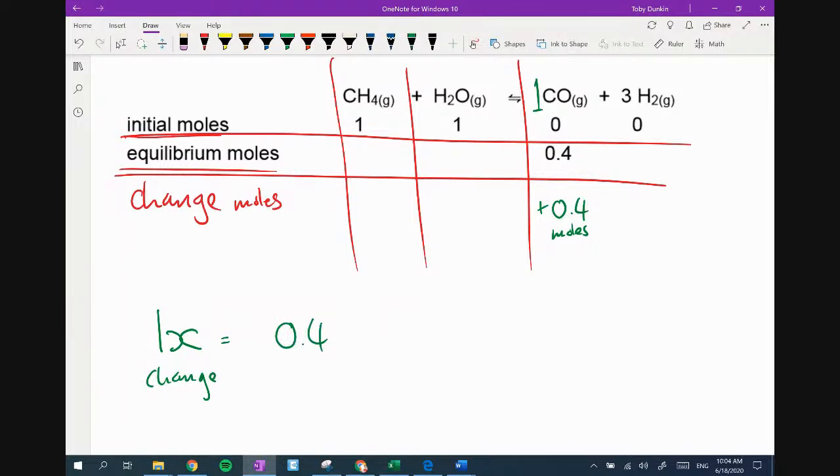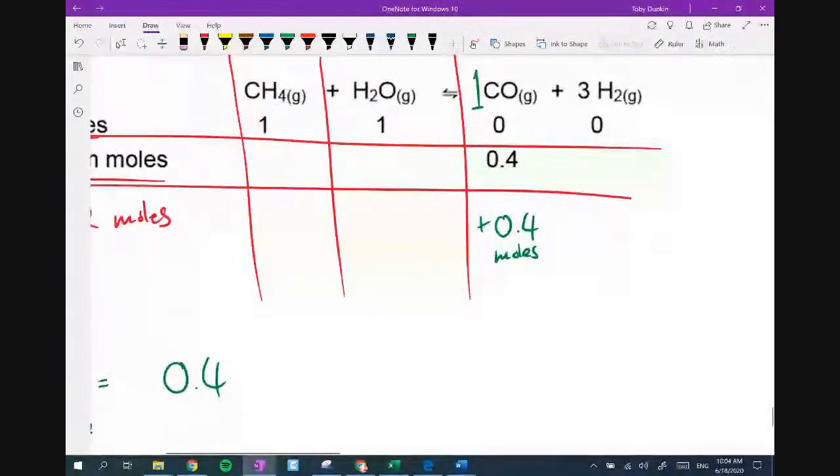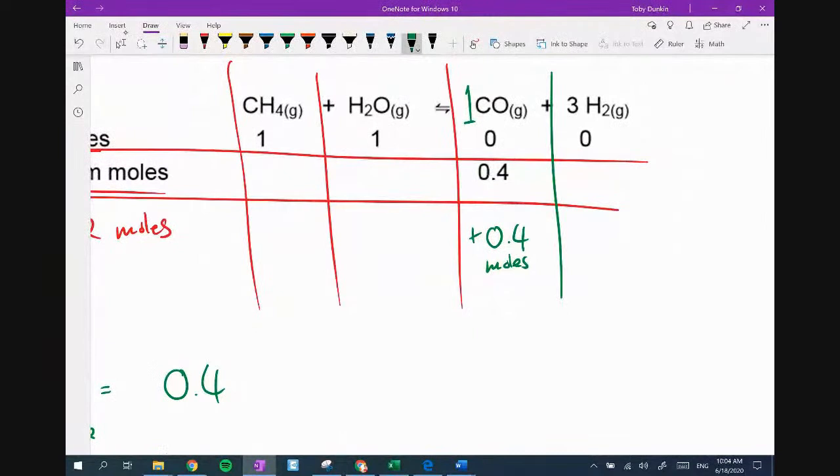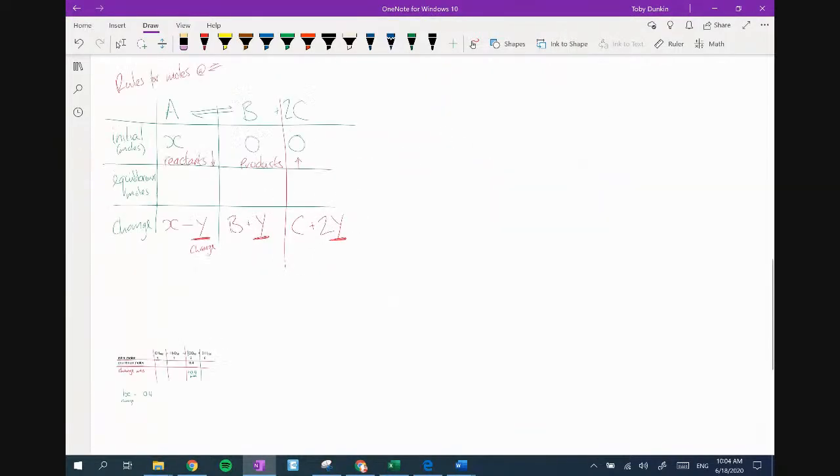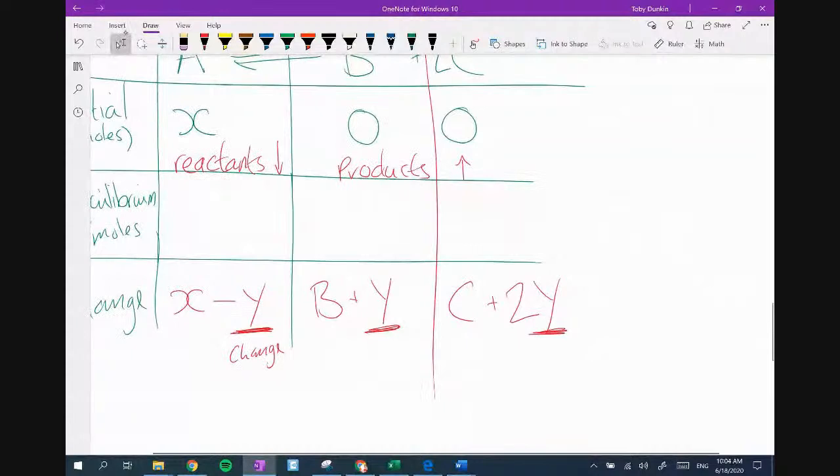What that now means is I can now apply that to everybody. So now that I've got that, would anyone like to guess on the chat what the change is going to be for hydrogen? You realize that everyone's now going to be able to do this probably quite easily, because this is where my little algebraic bit comes in. C was 2 Y's.